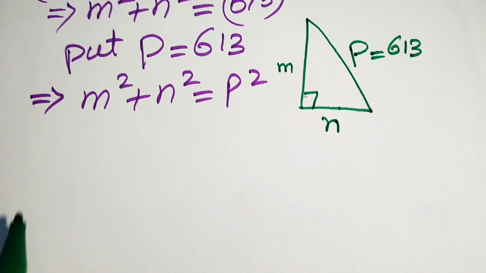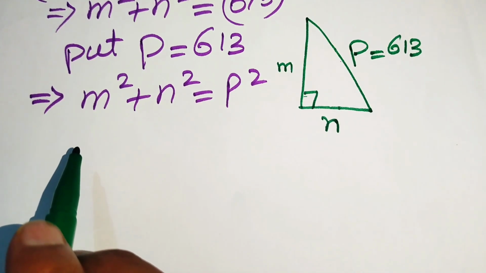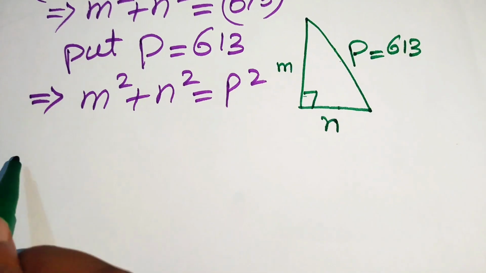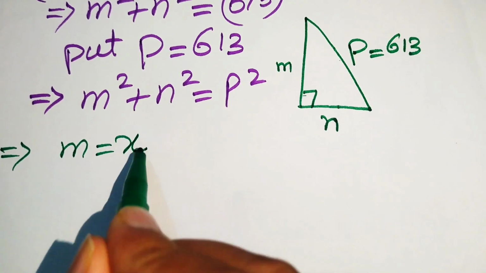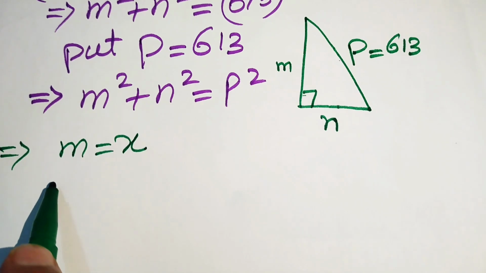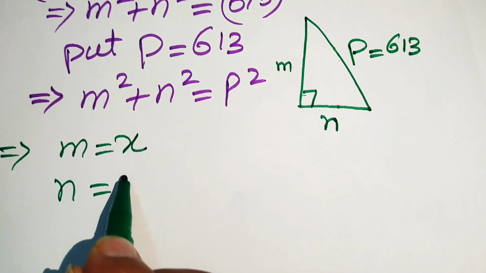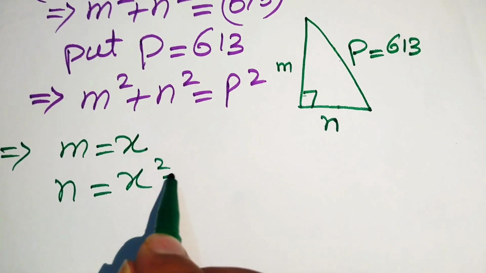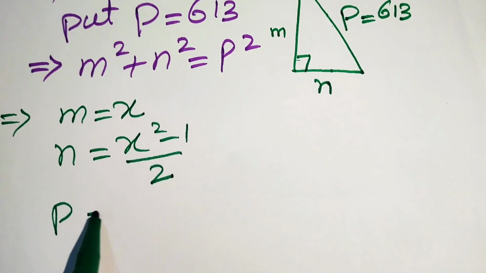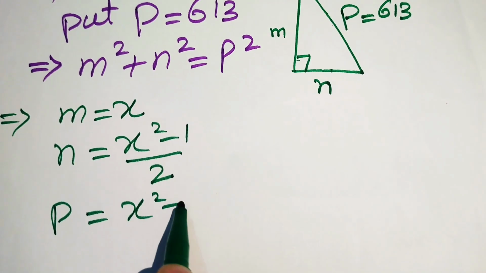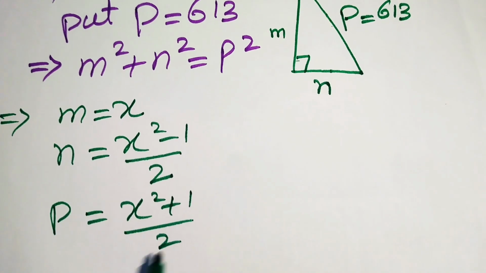Here we suppose that our m is equal to x, our n is equal to x square minus 1 over 2, and our p is equal to x square plus 1 over 2.